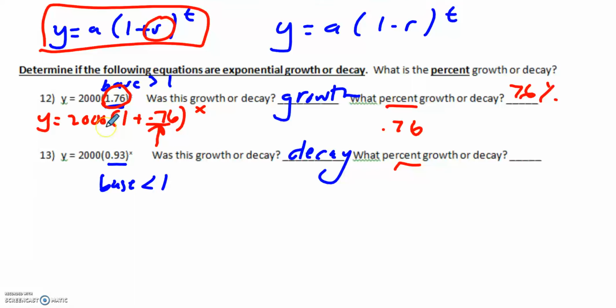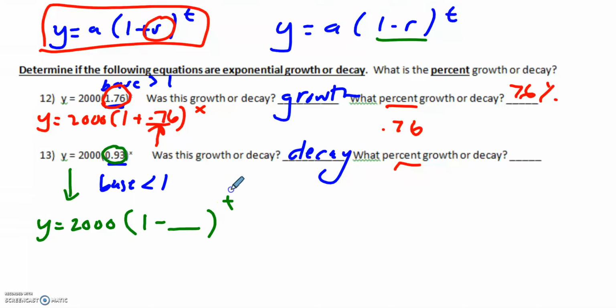And so if you think about rewriting this equation in the growth and decay equation format, you can get the right answer. The trickier one out of the two is the decay, because I want my base to be 0.93, but I need to think about rewriting my equation as such. Because it's decay, I want 1 minus a particular rate raised to the t value or the x value or whatever.